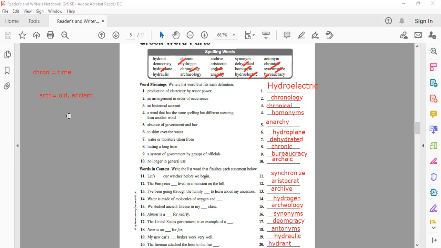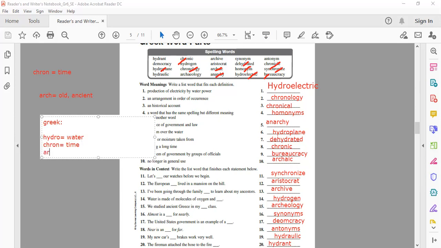So what we learned today, in Greek roots we have these roots. Hydro, it means what? Water. And then chron, which means what? Time. And then we have arc, which means old. Astro, which means stars.